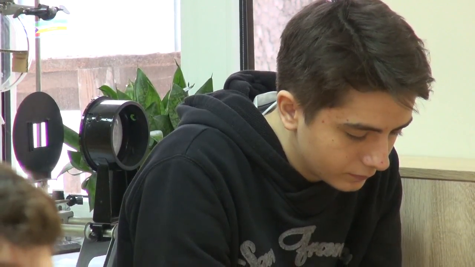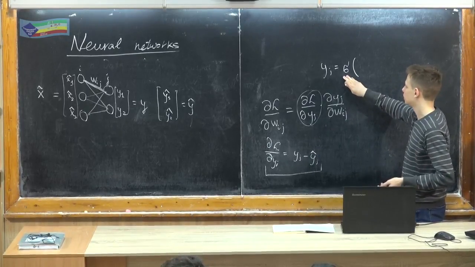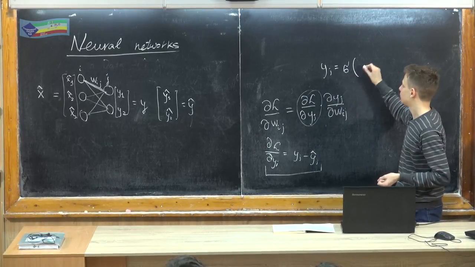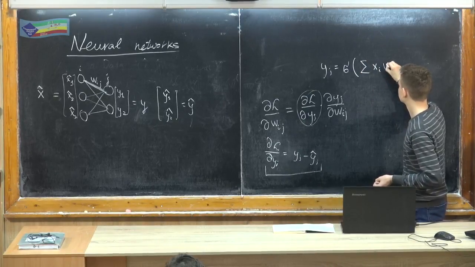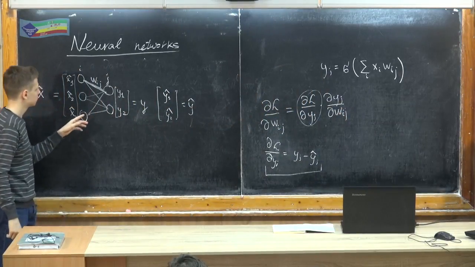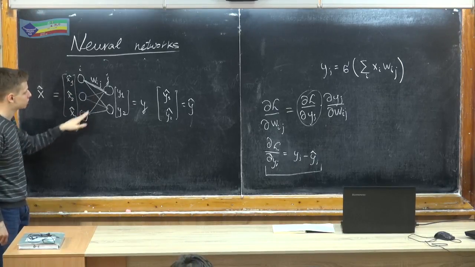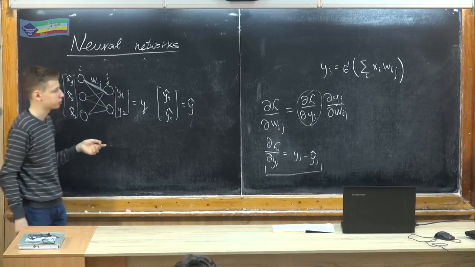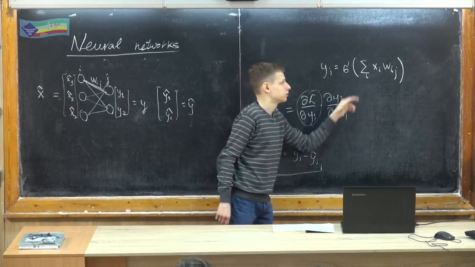We again use the definition of a neuron, how it works: we apply the sigmoid function to the sum of inputs, and we sum over all inputs. All inputs are multiplied by weights, then we sum these products, and then we squash it using the activation function.